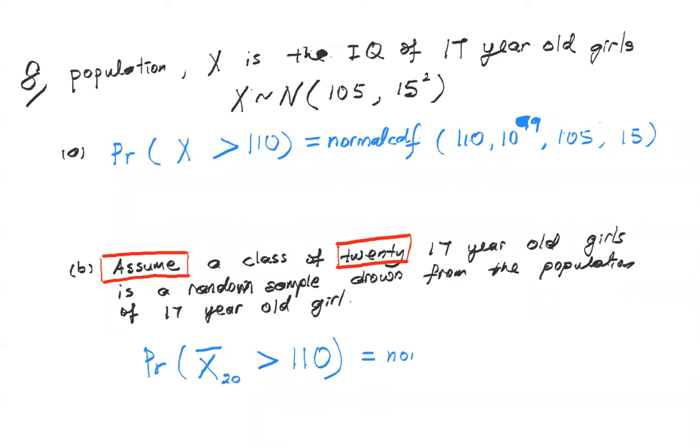normal CDF, open bracket, 110, comma, 10 to the power 99, comma, 105. Cindy, what should I put for the standard deviation? Just tell me what divide by what.